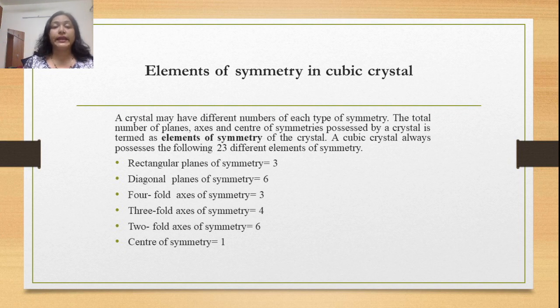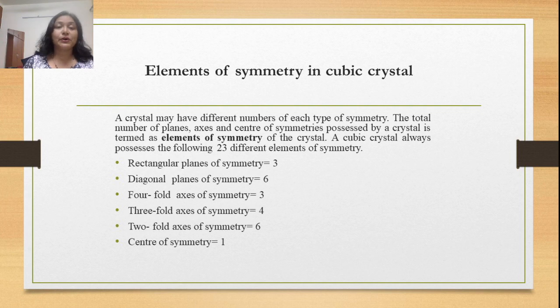There are 3 rectangular planes of symmetry, 6 diagonal planes of symmetry, 3 four-fold axes of symmetry, 4 three-fold axes of symmetry, 6 two-fold axes of symmetry, and 1 center of symmetry. So a total of 23 different elements of symmetry in the case of a cubic crystal.